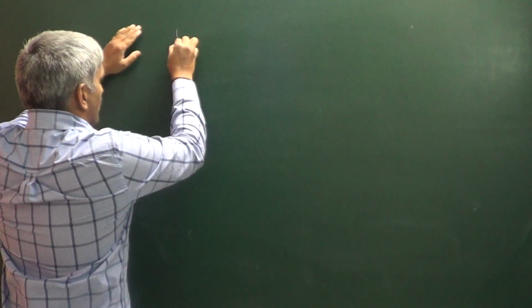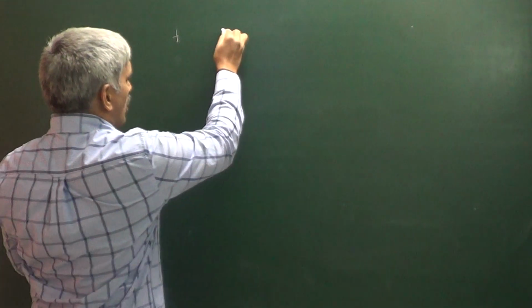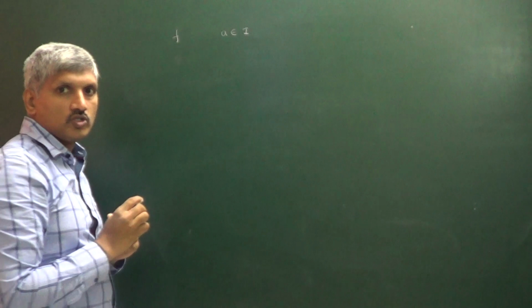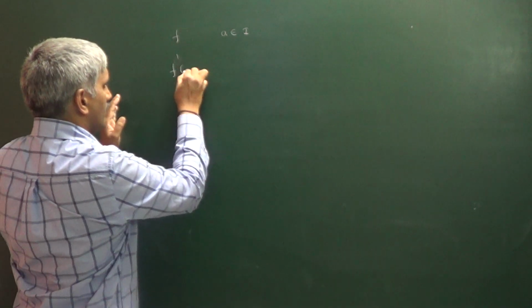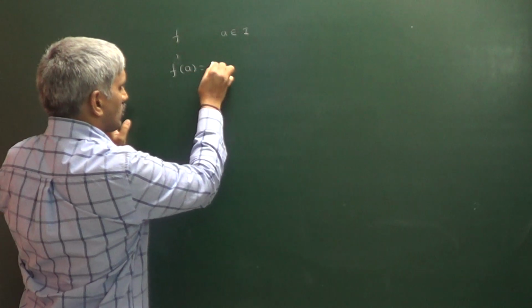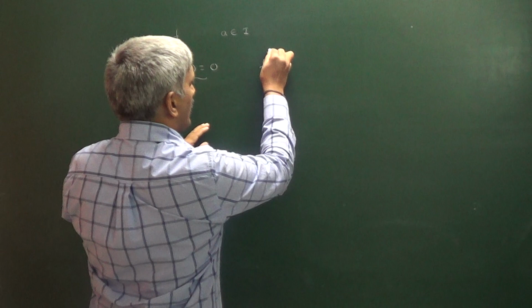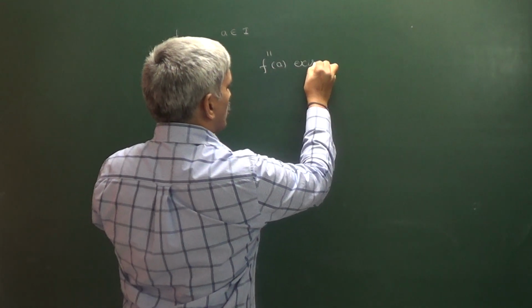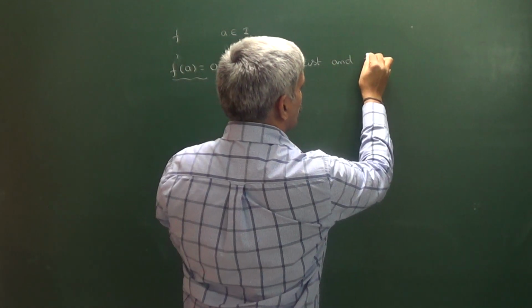So let f be a differentiable function on interval I and a belongs to I. So x is equal to a, find f dash of a. Note that f dash of a is equal to 0 and f double dash of a exists and is not equal to 0.